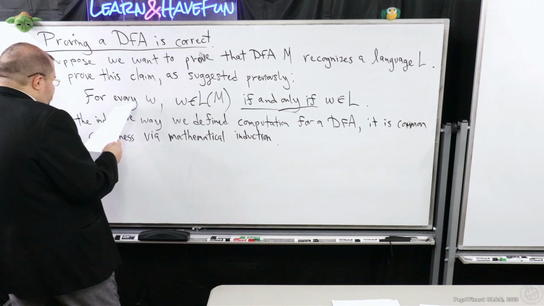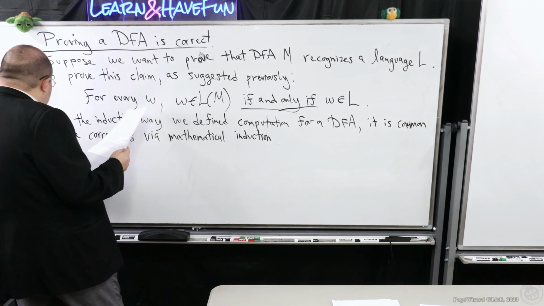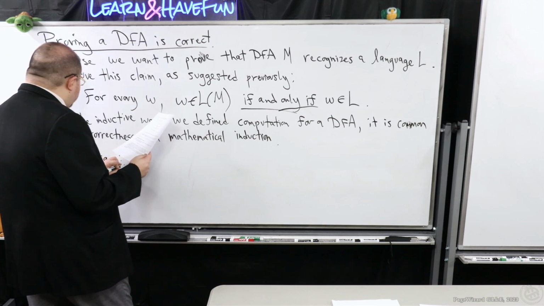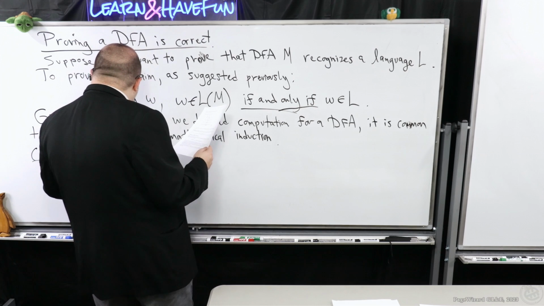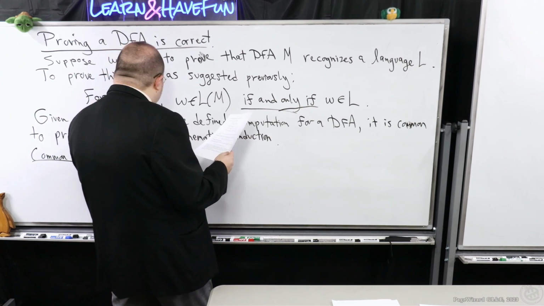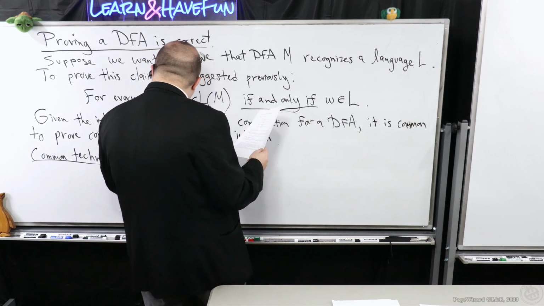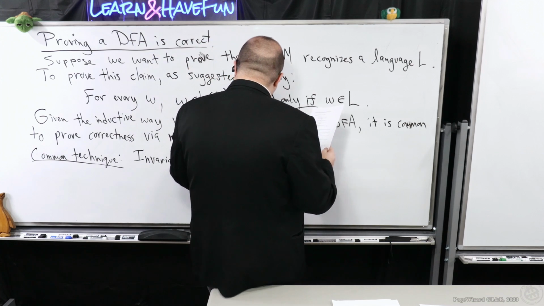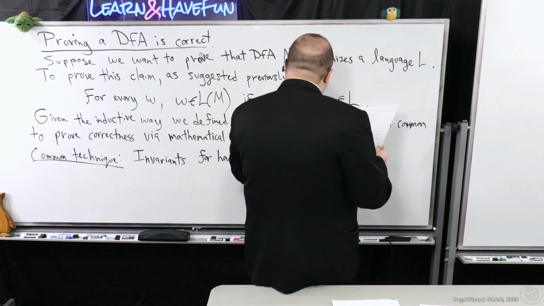So, a common technique, as you may have seen if you studied algorithms before, and that's okay if you have not, is to use invariants for how the DFA processes the string.